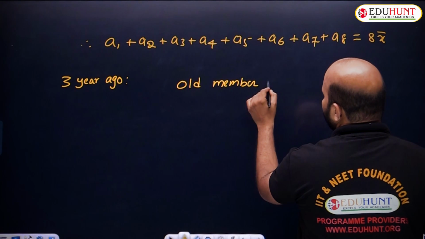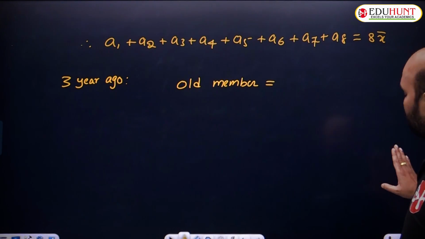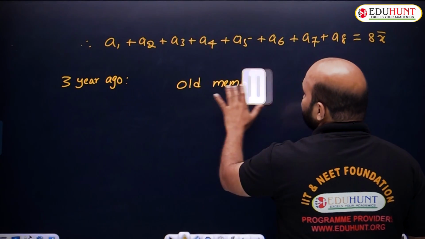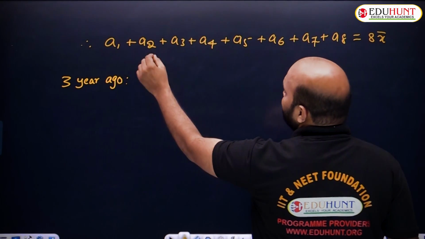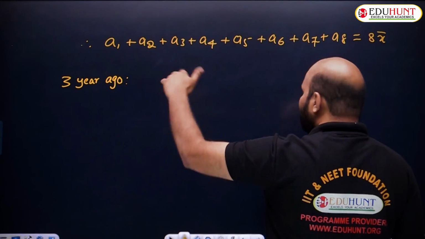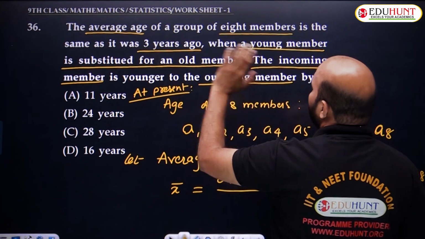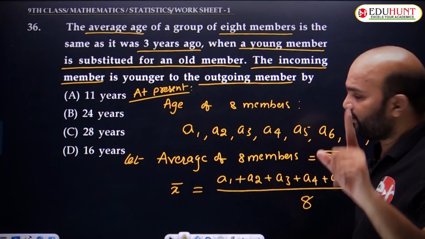Clearly we need to understand: 3 years ago means each age decreased by 3. But in that case, the old member left the group and was replaced by the younger member. So that is the given condition.